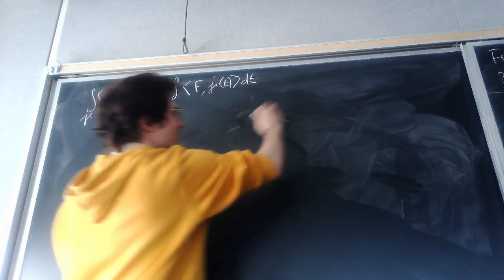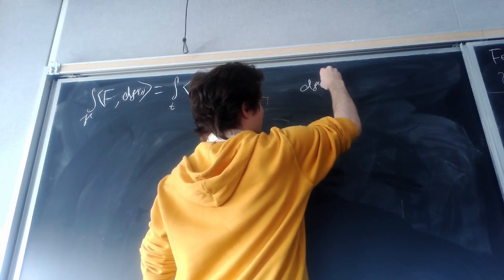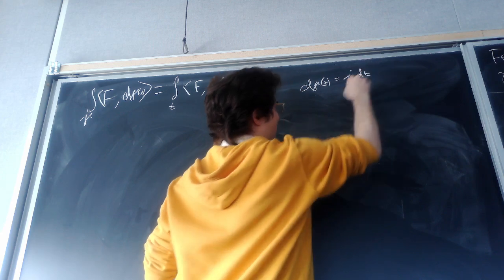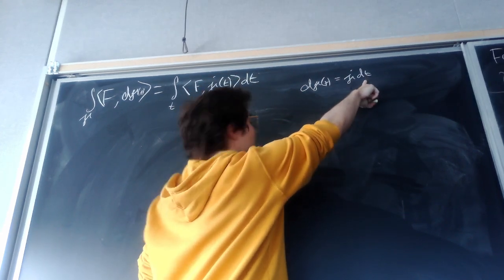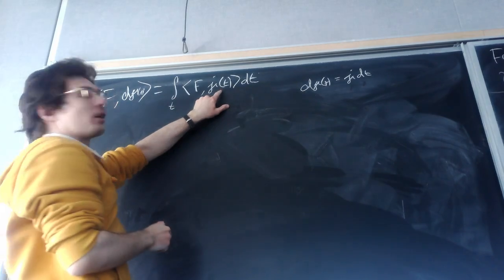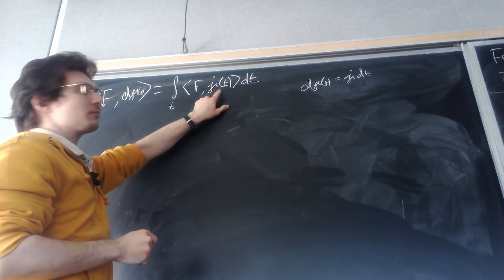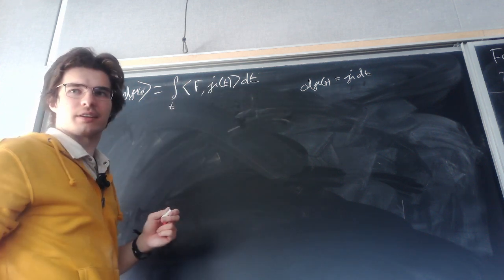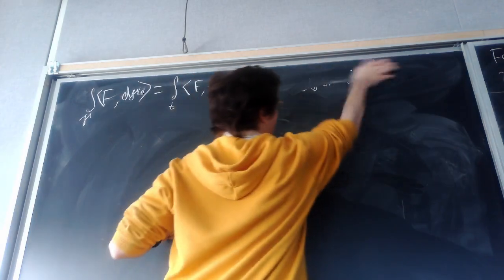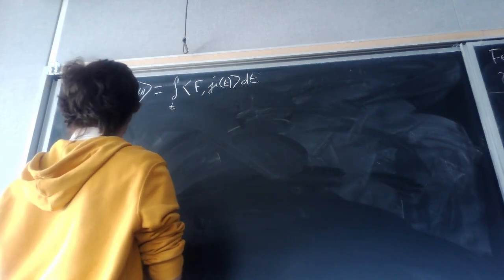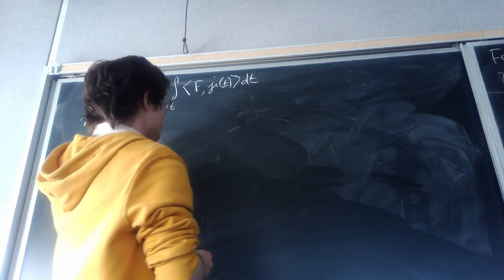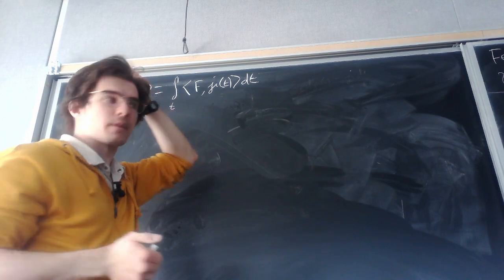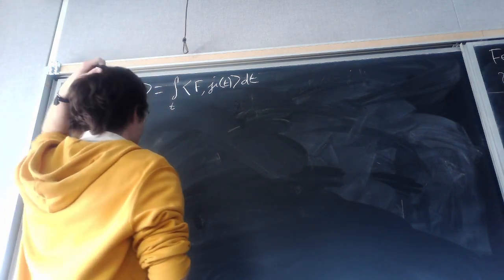Well, if I make the argument that d gamma of t is equal to gamma dot dt, remember, gamma dot is a vector, dt is a scalar, and you can factor out scalars from inner products, right? So this is why you can do this intuitively, maybe. So then the question is, what is any of this?